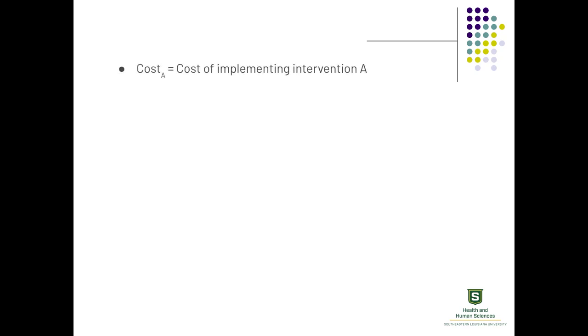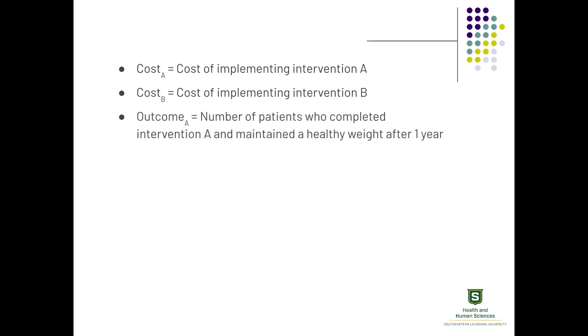You need the costs, and you need something to measure the effectiveness of A and B. What you're using to measure effectiveness is the number of patients who completed intervention A and maintained the weight after 1 year.